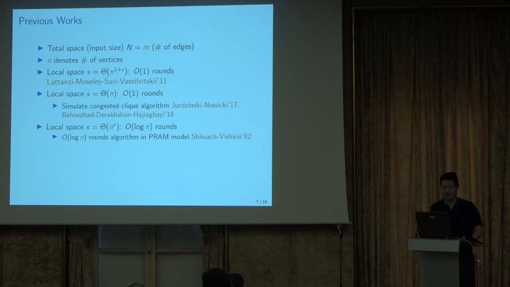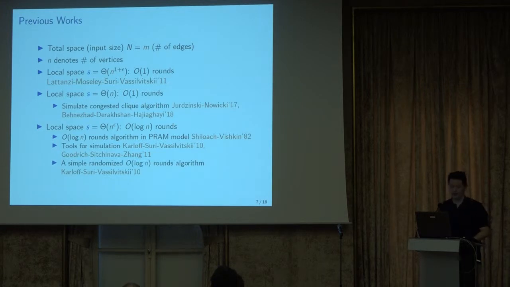Actually, there's a log n rounds algorithm in the PRAM model known for more than 35 years, and we can simulate any PRAM algorithm in the MPC model. So it directly gives a log n rounds MPC algorithm. And there's another simple randomized algorithm which also takes log n rounds. However, all the algorithms known in this scenario take log n rounds.